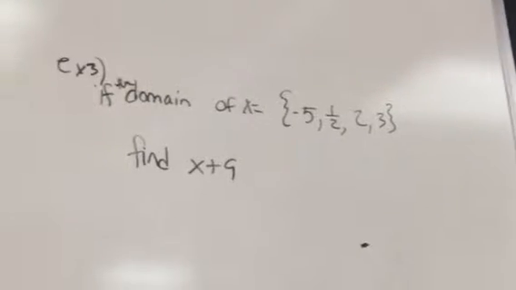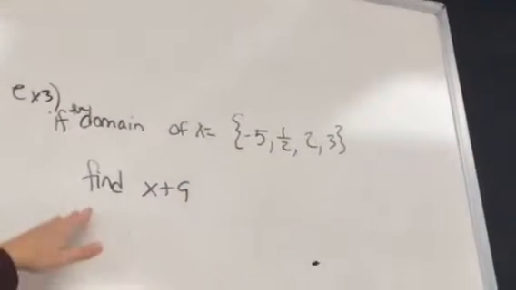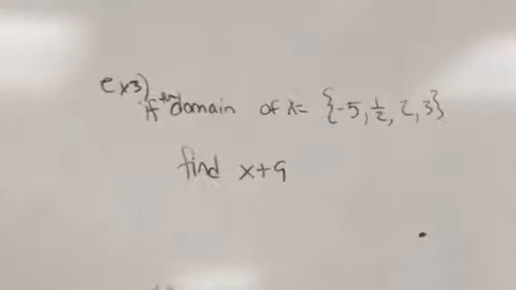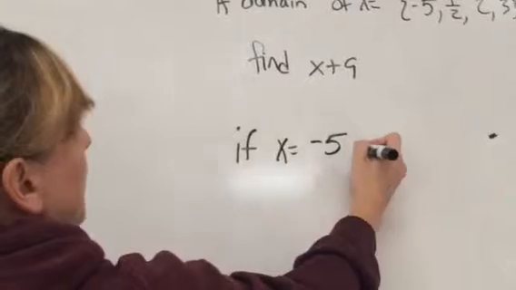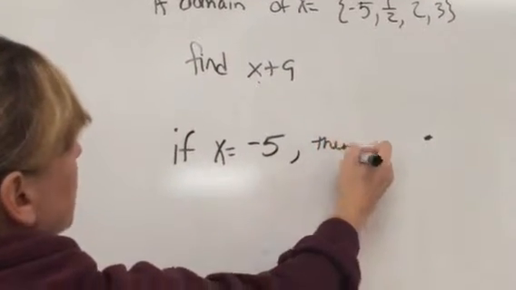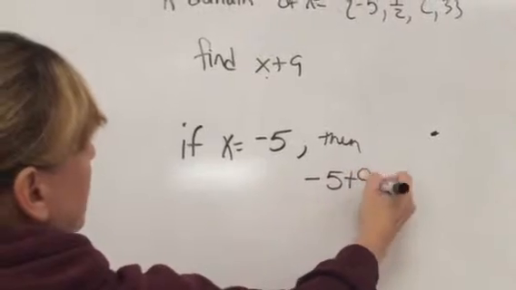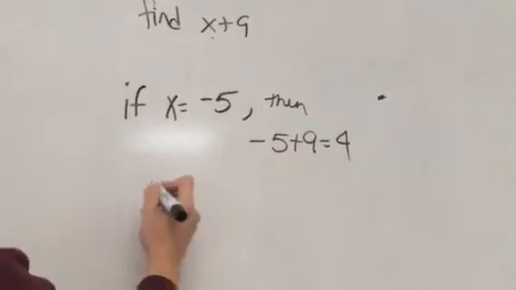Okay? So last example, if the domain of x equals -5, 1/2, 2, and 3, find x plus 9. So the first thing you have to do is say, okay, if x equals -5, then plug in -5 for x. So then -5 plus 9, and then you have to do that out, and you get 9 minus 5 is 4.